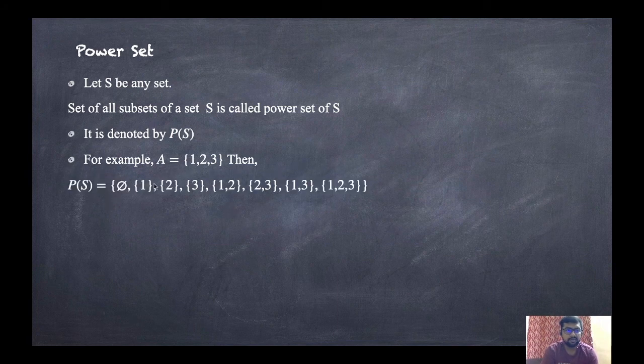It is denoted by P of A. So we want to list out all the subsets of this. So the empty set will be there. Now {1}, {2}, {3}. Now for two elements, that means {1, 2}, {2, 3} and {1, 3}. And last {1, 2, 3}. So I think there are 8 elements.